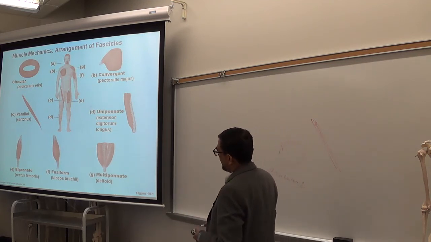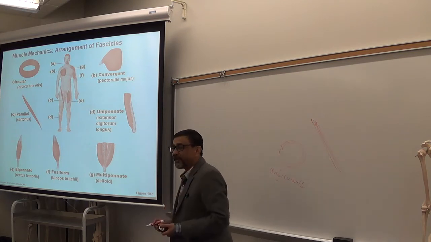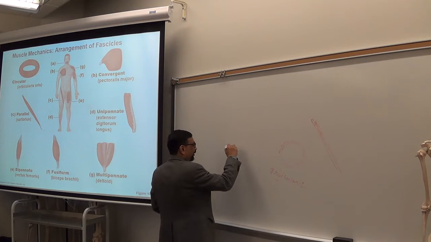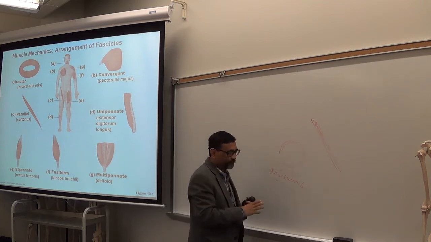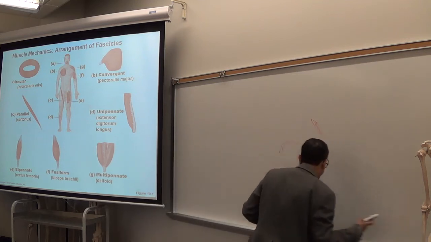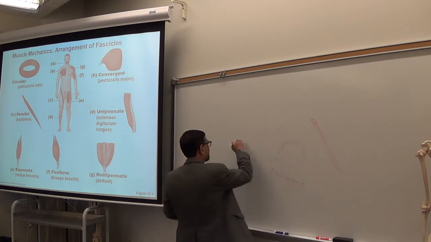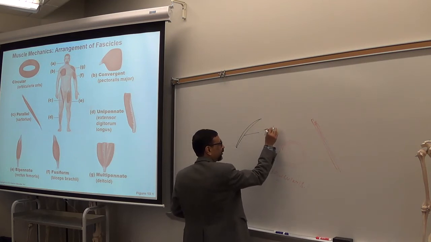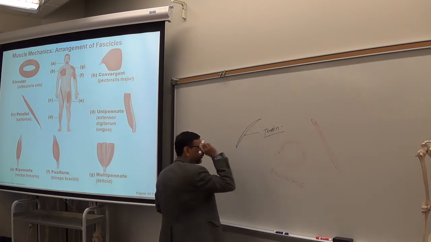Then unipinnate, bipinnate, multipinnate. What is that? You see here, this is the tendon. Okay, muscle and tendon.